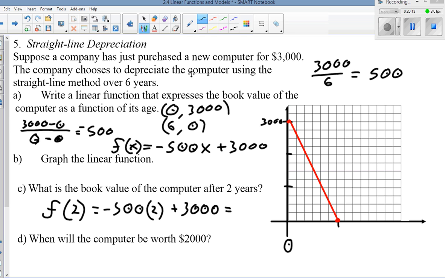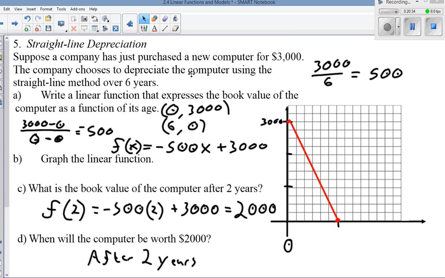I'm going to see that is equal to $2,000 after 2 years. Well, when will the computer be worth 2,000? We just answered that. The computer will be worth 2,000 after 2 years.